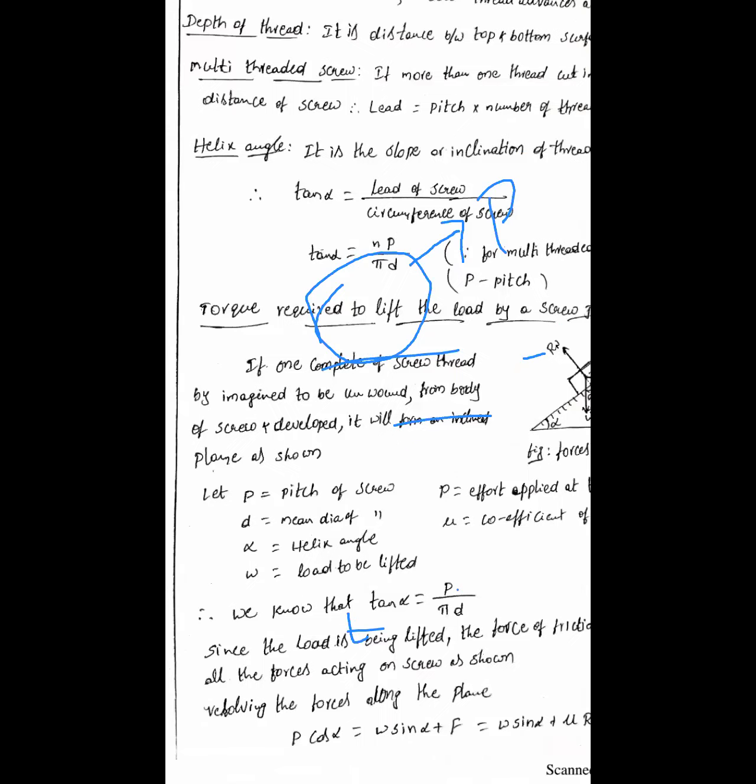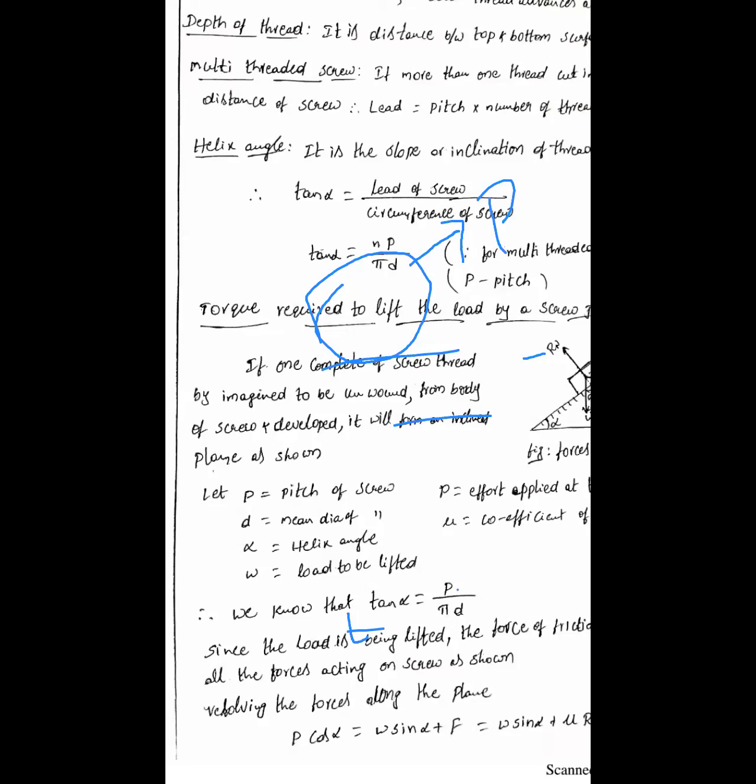And now what are the notations representing here? P is the pitch of the screw, D is the mean diameter of the screw, alpha is the helix angle, and W is the load to be lifted. So how much load is there?